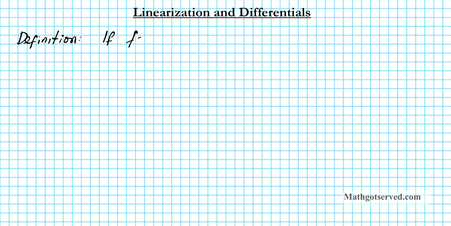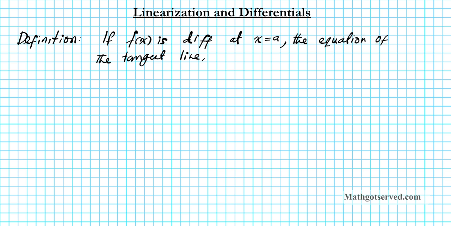If f of x is differentiable at x equals a, then the equation of the tangent line, which is written as L of x equals f of a plus f prime of a times x minus a, defines the linearization.